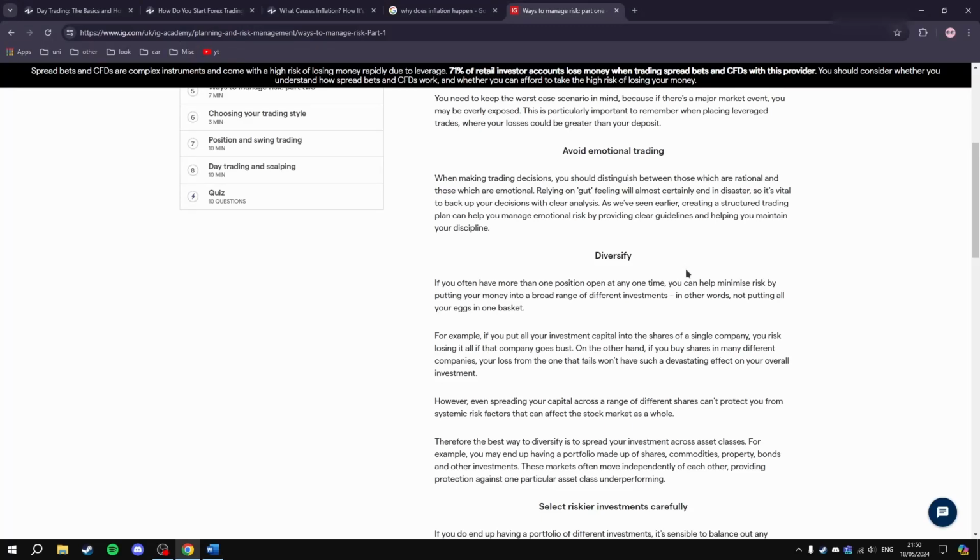This is particularly important to remember when placing leverage trades where your losses could be greater than your deposit.